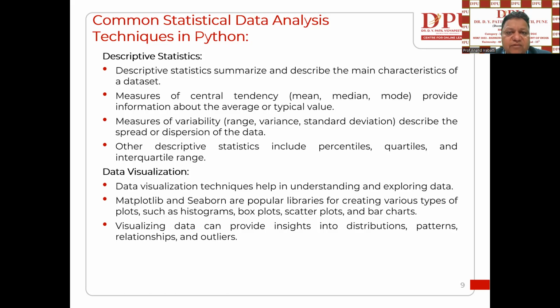If I have values from 1 to 100, what is the range? That is 100 minus 1, which is 99. So 99 is represented by the range, but variance and standard deviation give you a more scientific way of seeing how your data is spread.